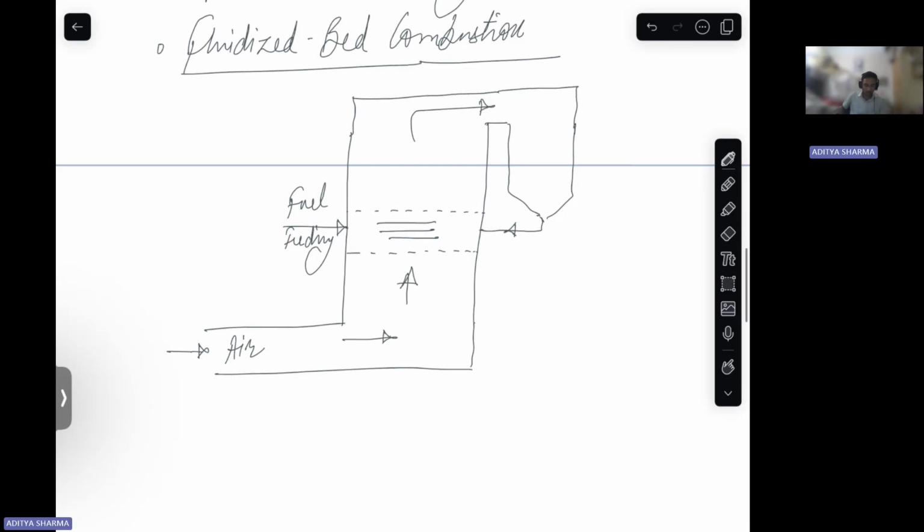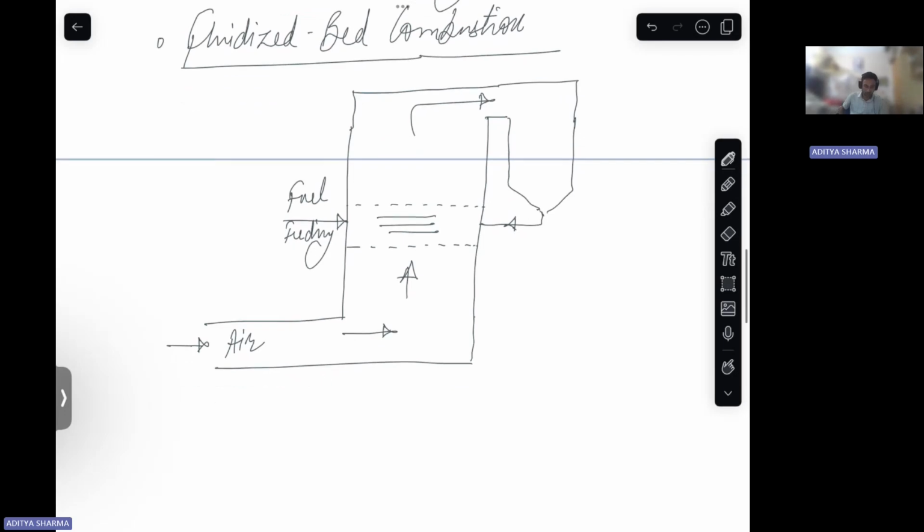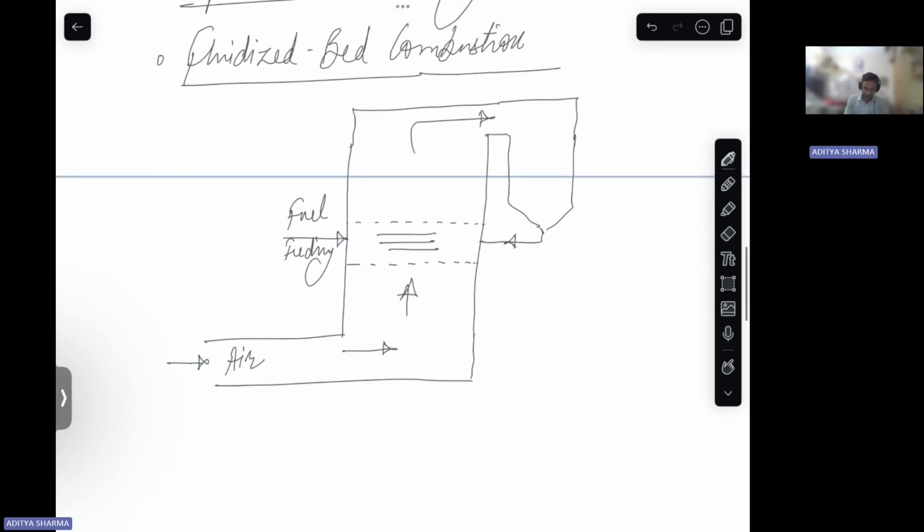So what happens in fluidized bed combustion? It has components, okay? First is your fluidized bed. And somewhere here we have the air distribution grid.